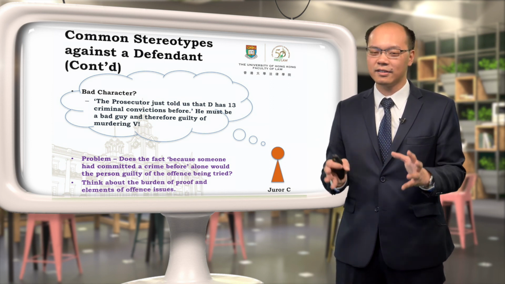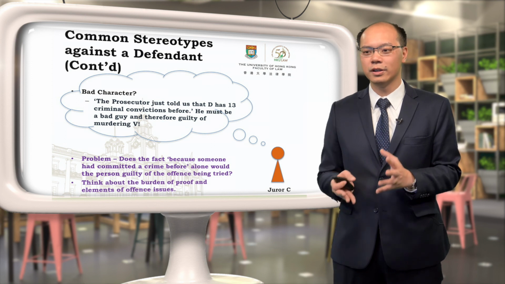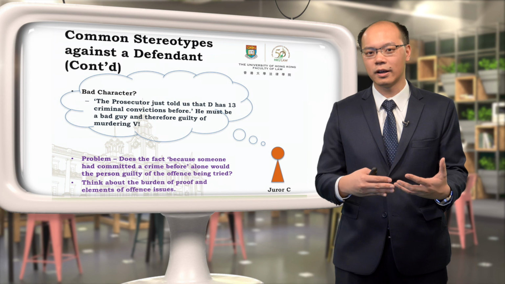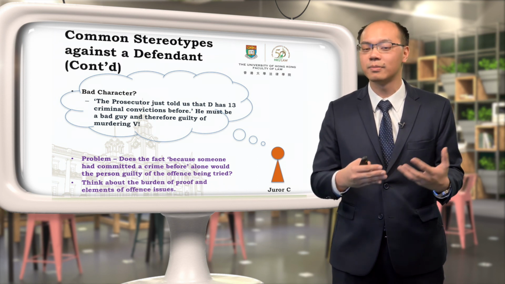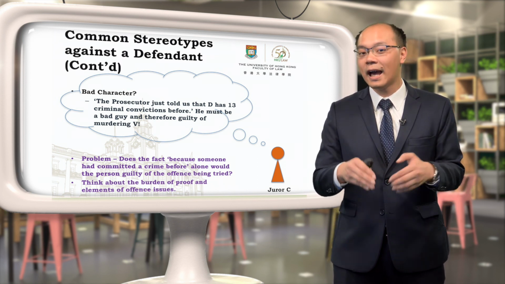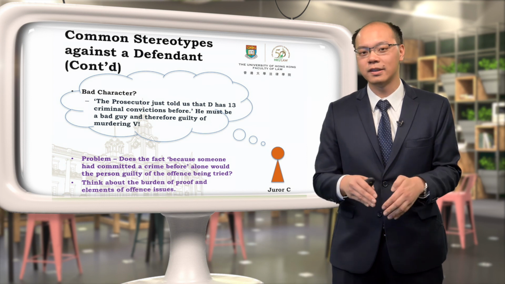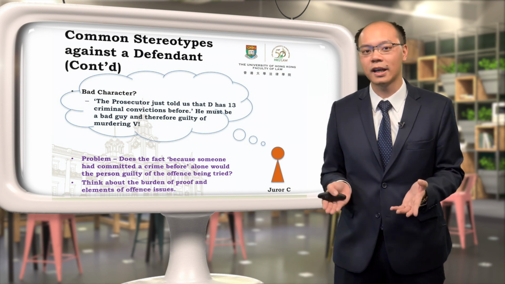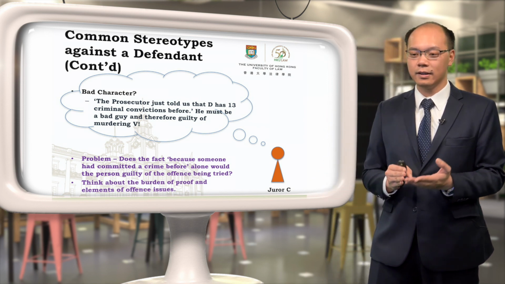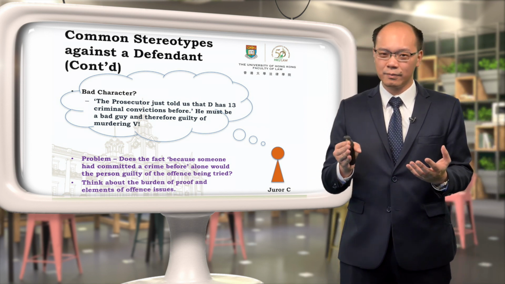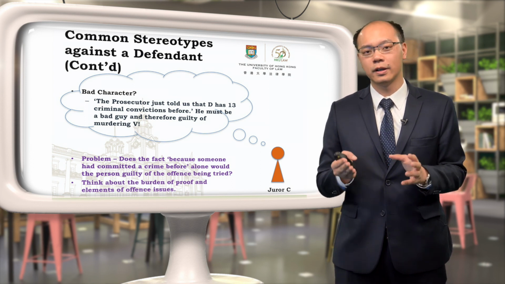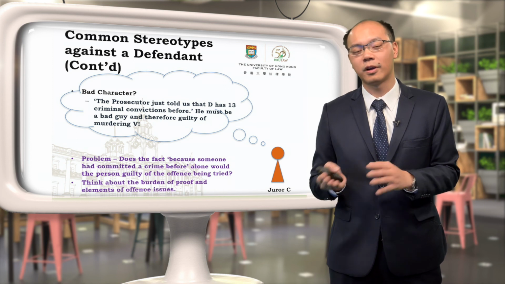Again, it is a bit problematic because, think about this, just because someone had committed a lot of crimes or had been involved in a lot of criminal activities before, does it mean that he had been involved in the criminal activities for this particular trial? That may not be the case, right? And again, we have to bear in mind that the burden of proof is on the prosecution.